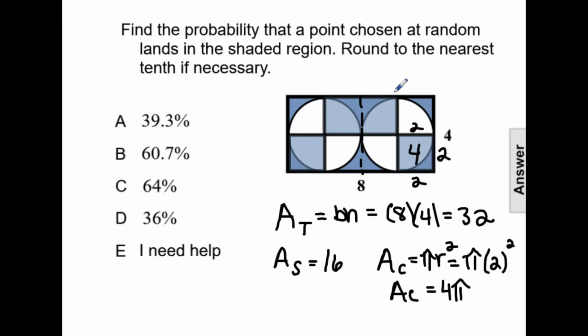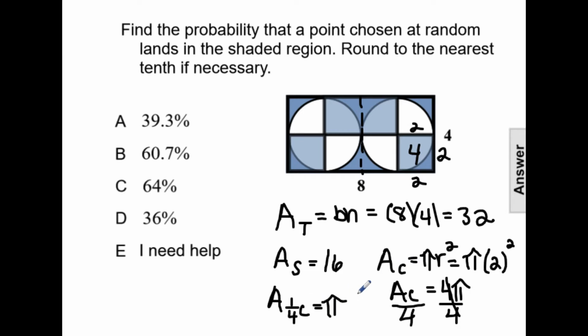Well, that's the area of the entire circle, but like we were saying, the only part that we want is 1/4 of it, the tiny little quarter that is covering the shaded region. So we would want to multiply it by 1/4 or divide by 4 to get 1/4 of the circle. So the area of 1/4 of the circle is just pi.